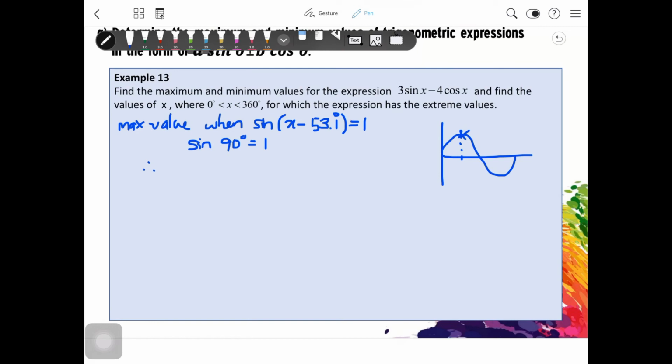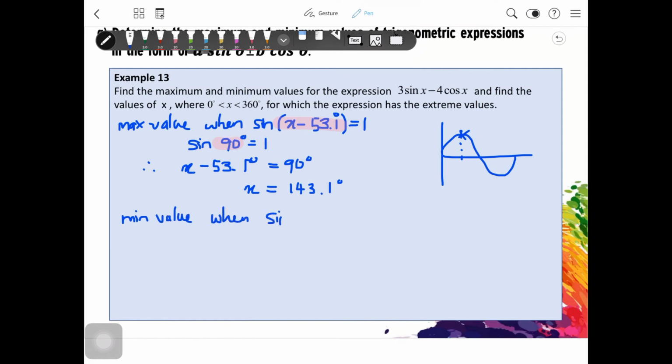Therefore, this angle should equate to that. So x minus 53.1 degrees equals 90 degrees. So the maximum happens when x equals 143.1 degrees.